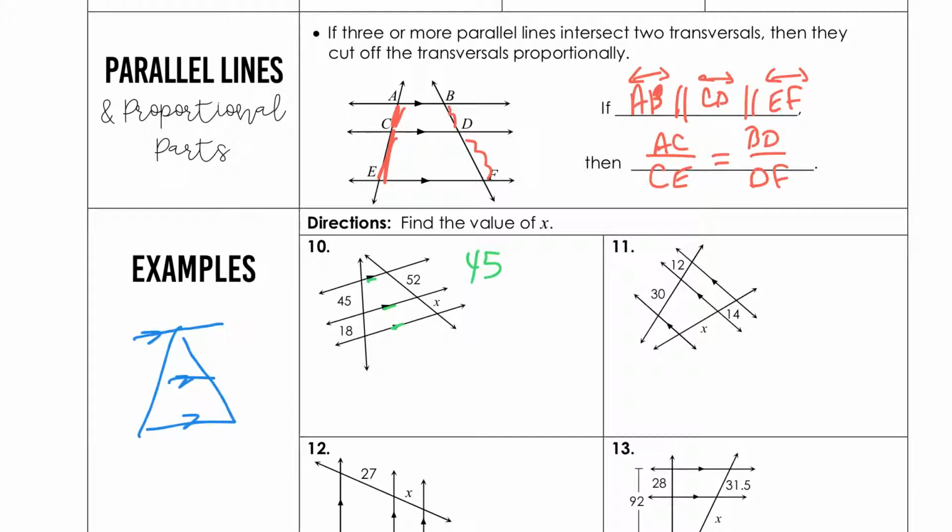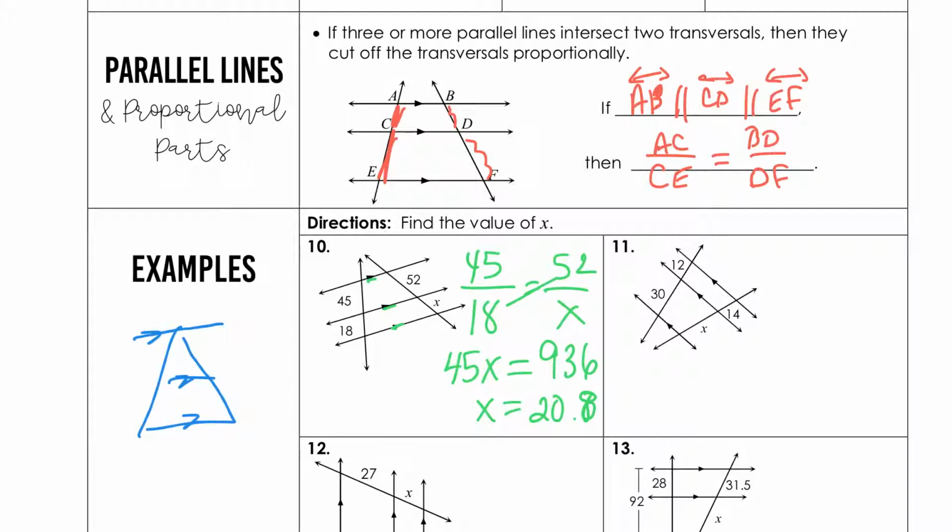45 to 18 would equal 52 to x. That gives us 45x is equal to, as the cross product, 936. So by division, x equals 20.8.